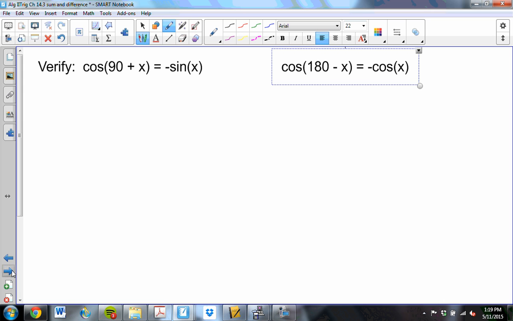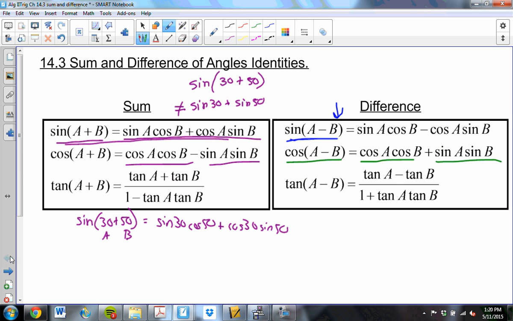The other thing you can do is more verifying, more proofs. I'm going to prove or show that cosine of 90 plus x is the same as negative sine x. Well, this is a sum of A and B. So I'm going to go to my sum: cosine A cosine B minus sine A sine B. I'm just doing this one here.